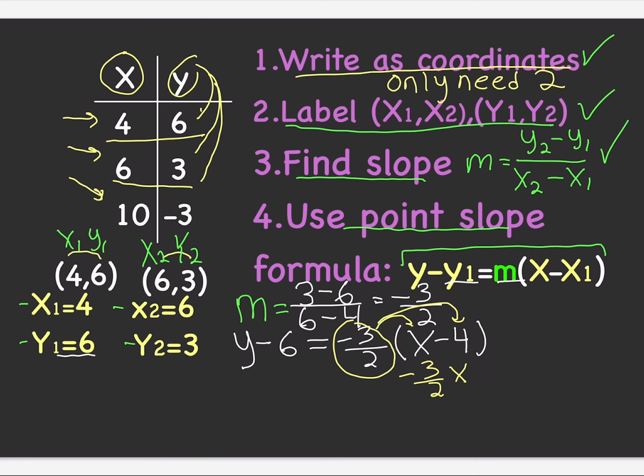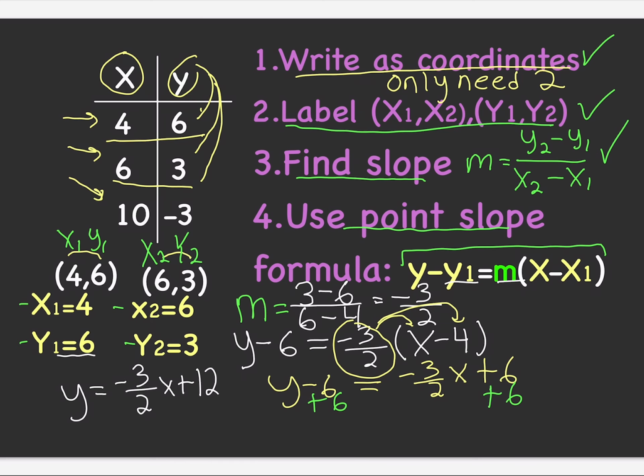That is negative 12 over 2, so it's 6. So we've got y minus 6 equals negative 3 halves x plus 6. Add 6 to both sides to cancel that negative 6 on the left side. You end up getting y alone, which is y equals negative 3 halves x plus 12. And now you have this formula in slope-intercept form, just from the table values.